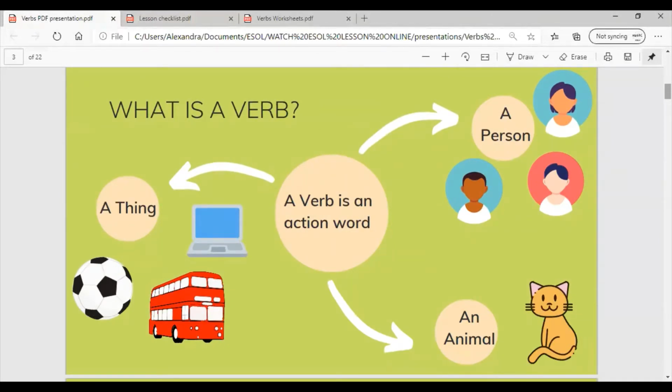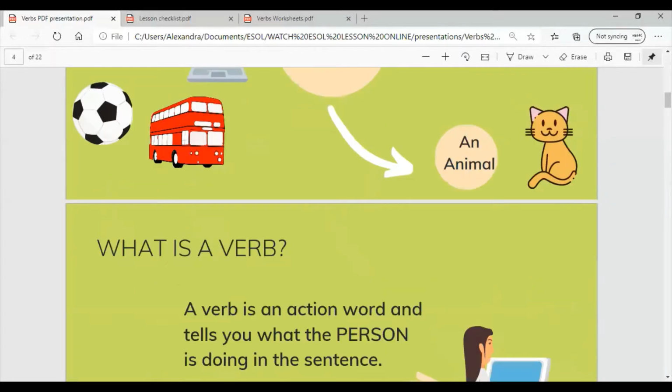A verb is an action word that tells us what the person, animal, or thing is doing in the sentence. We'll look at each category in a little more detail now.